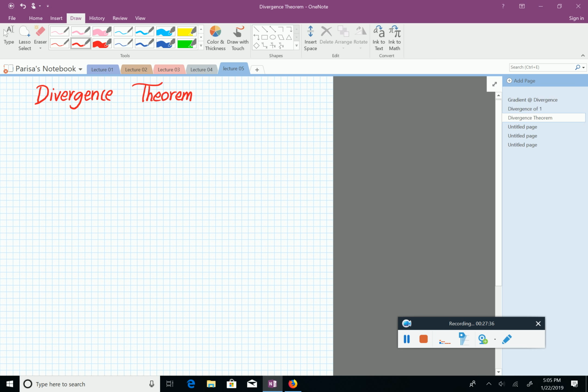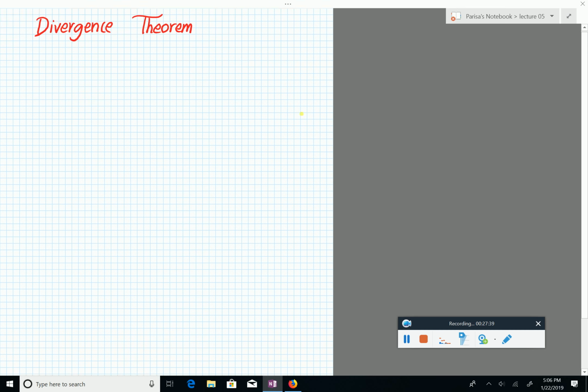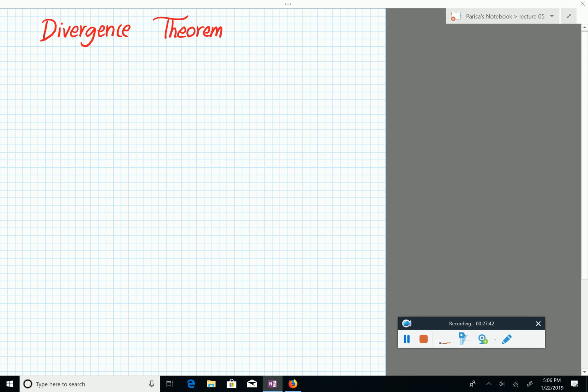Since this is very important, I make a sketch. So consider a region in a space. This is maximum 3D for us. So R, this is R. A region of a space. And this has a boundary, so that can be a line or can be a surface.